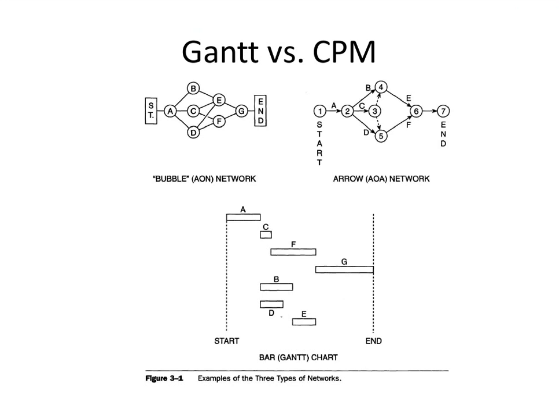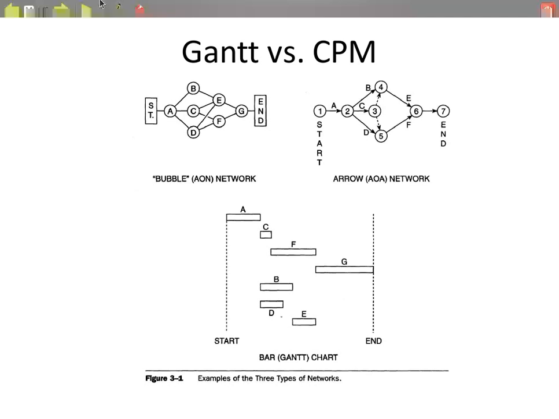And two of the popular ones historically have been those that are called arrow networks and bubble networks. In an arrow network, the tasks over here on the right are actually shown as associated with the arrows, and on the left, the tasks are associated with the vertices.